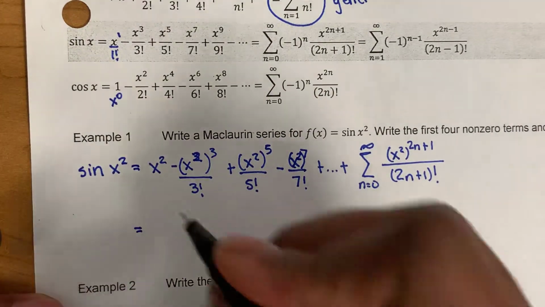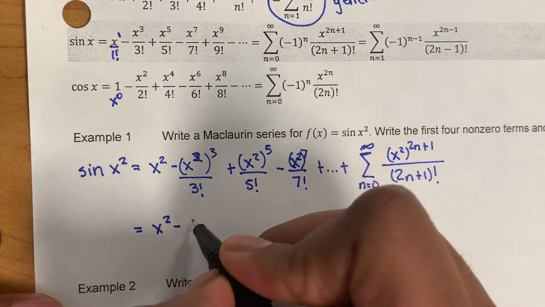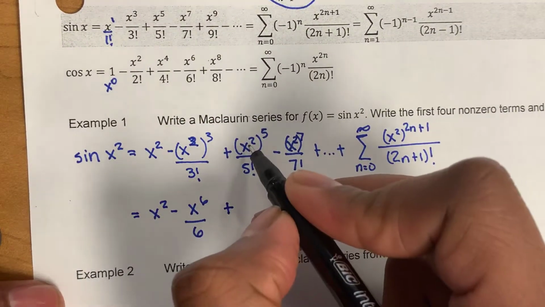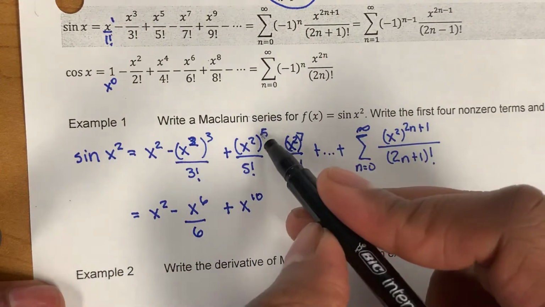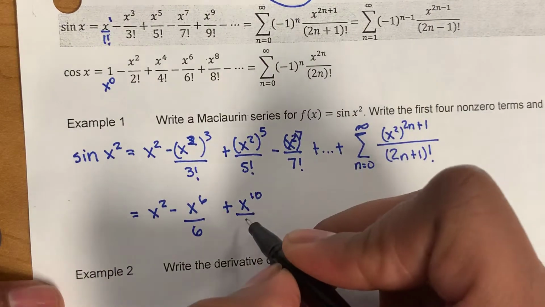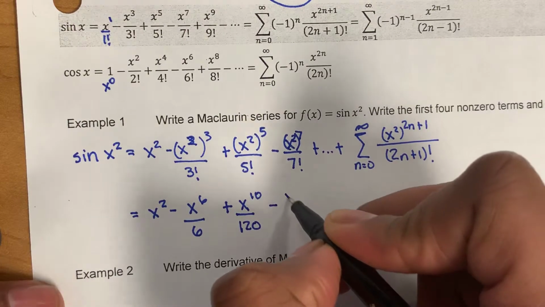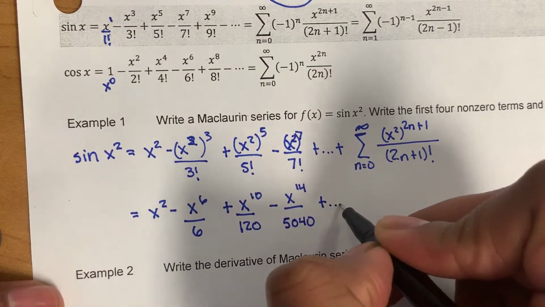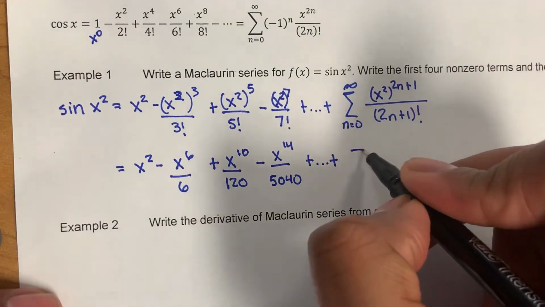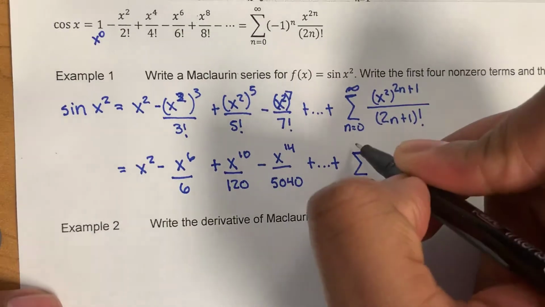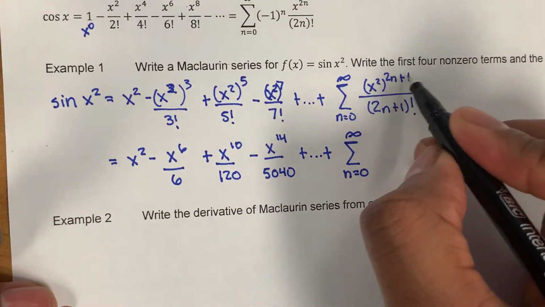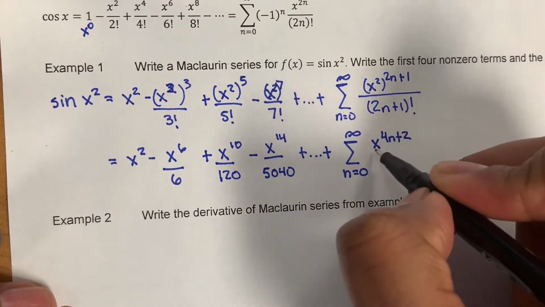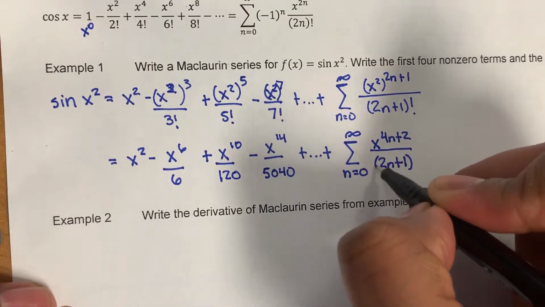So if we simplify this expansion, we get x squared minus x squared cubed, which is x to the 6th over 3 factorial, which is 6, then plus x squared to the 5th, which is x to the 10th, because we multiply the exponents, over 5 factorial, which is 120, and then we're going to have minus x to the 14th over 7 factorial, which is 5,040, plus our general term, which is going to equal the sum from n equals 0 to infinity of, so we multiply these exponents, x to the 4n plus 2 over 2n plus 1 factorial.